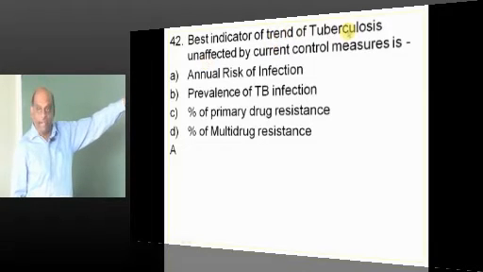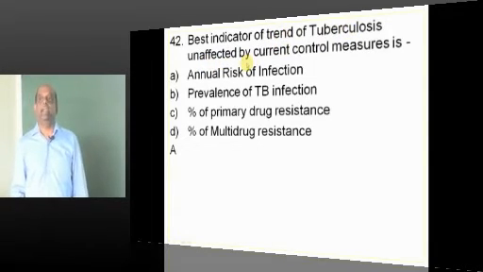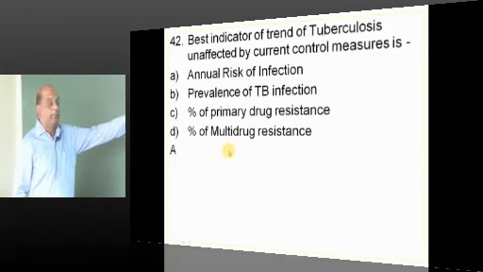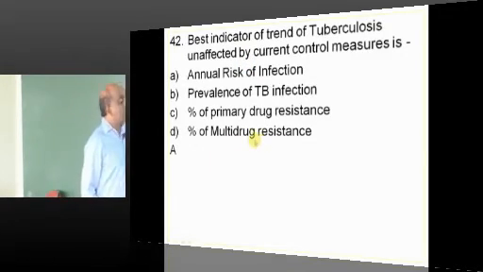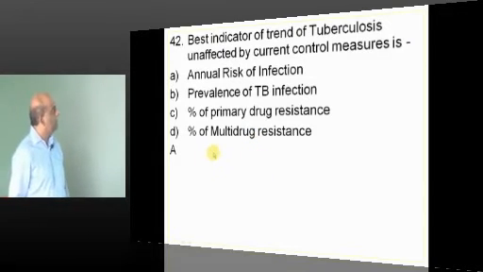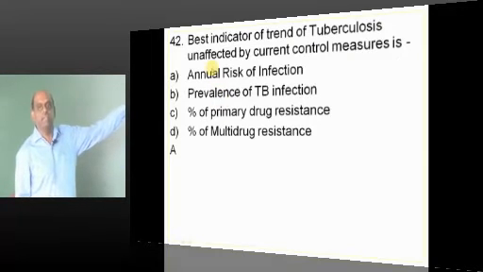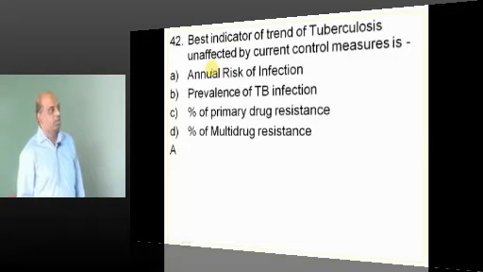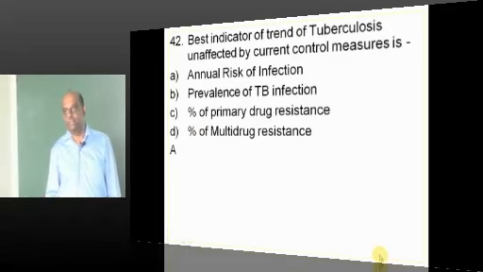It should reflect the trend of TB, and at the same time it should be unaffected by the current control measures. Sir, current control also includes treatment for MDR-TB, no, sir. Control is different from treatment, no? So the incidence, annual risk of infection, is unaffected by the current control measures; prevalence is affected, everything else is affected, that's the point.